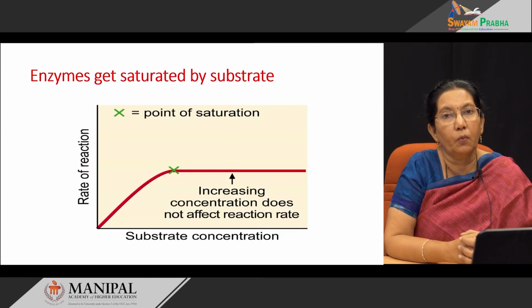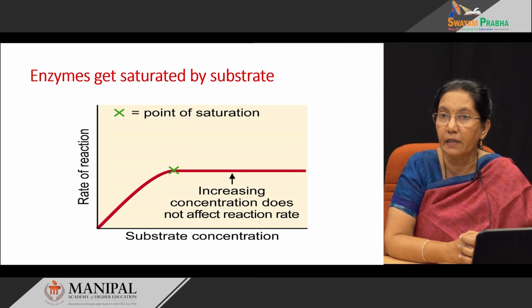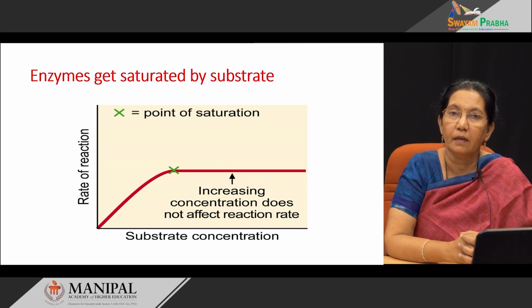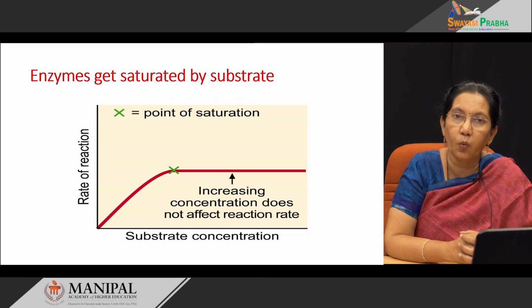We also know very well that as you increase the substrate concentration, the enzyme activity increases. However, a point is reached beyond which increasing the substrate concentration is futile. Why does that happen? That happens because the active site can bind only to one molecule of substrate at a time.